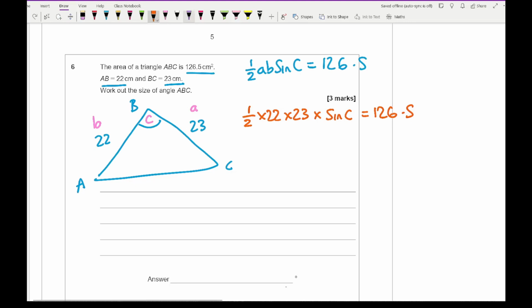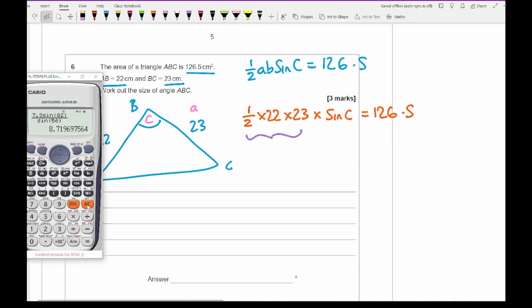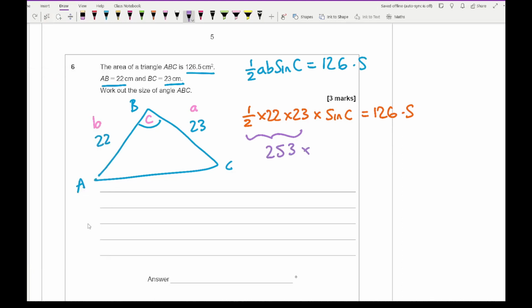So from this, if I then just type this all into my calculator, it will give me a nice number. So let me just do that. I've got 0.5 times 22 times 23 gives me an answer of 253. So that's 253 times sine C equals 126.5. So then sine C equals 126.5 divided by 253.